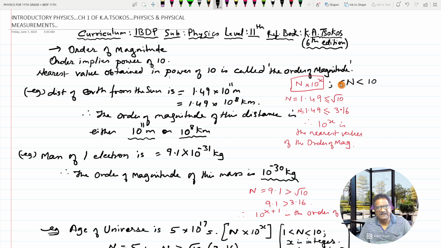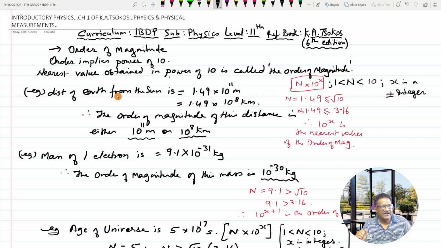I have not written that here, but let me write it. N is always between 1 and 10; it should be greater than 1 and less than 10. And one more thing, x is a positive or a negative integer. This is the requirement for a number to be in scientific notation. So n should be between 1 and 10, and x, that is the power of 10, should be either a positive or a negative integer.